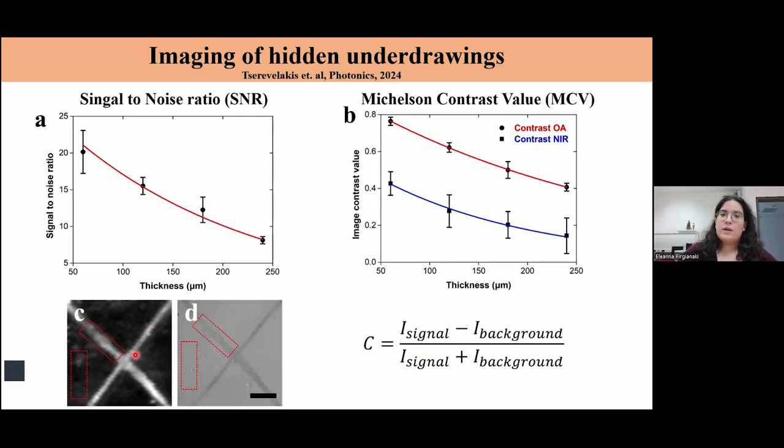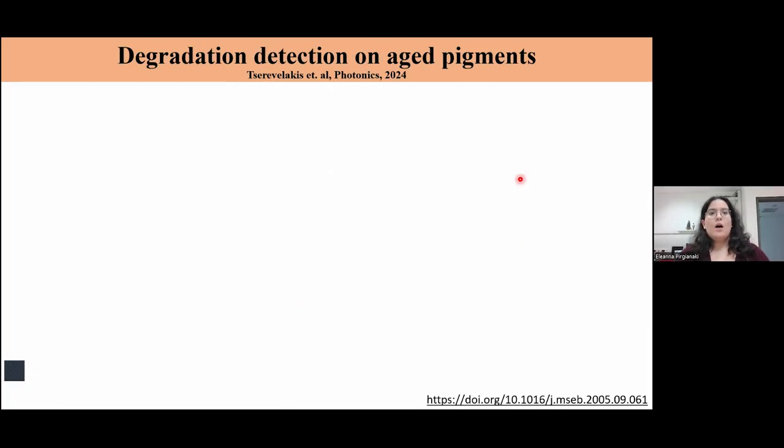So, as we can see, even when the paint layer is very, very thick, the photoacoustic technique provides 3 times better imaging contrast than NIR. This can be explained because photoacoustic imaging works well in scattering paints, since photoacoustic waves present less attenuation as they travel through paint than NIR does, which has to pass through the paint twice.